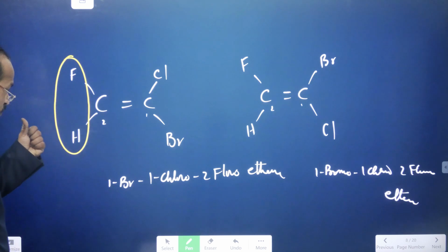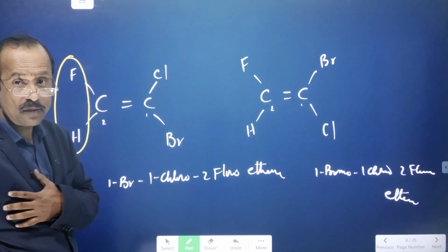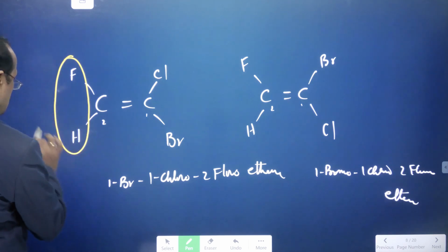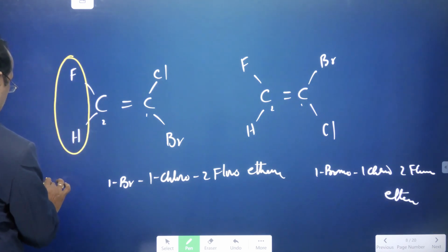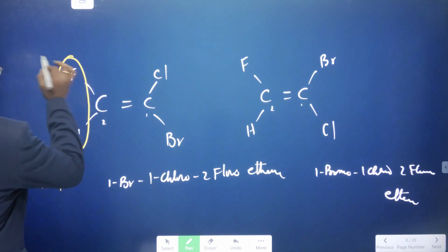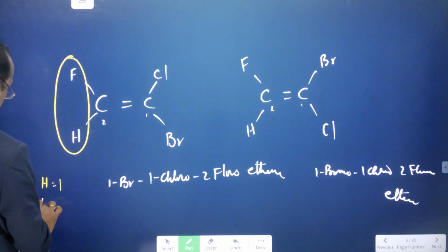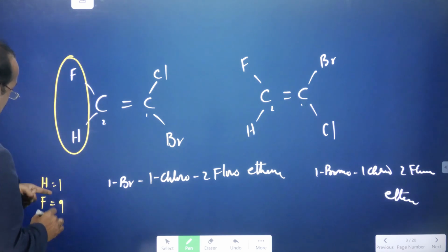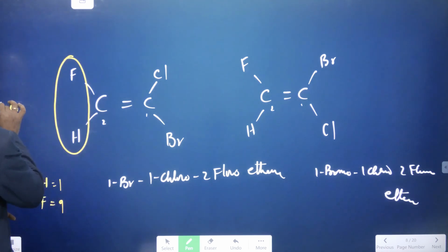We see their atomic numbers. The atomic number of hydrogen is 1, and of fluorine is 9. Which one is higher? 9 is higher, so the higher one is on the upper side and 1, the lower, is on the downside.